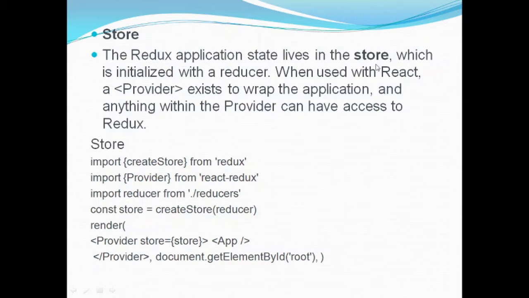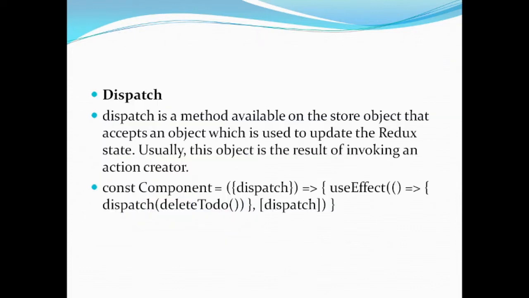And this store is always given back to your provider component. Provider is going to render your application content. So per application there is always a single store. Coming to Flux framework based applications, we can have multiple stores.